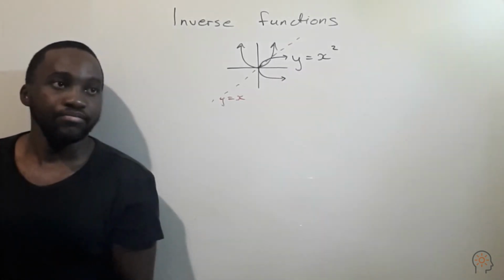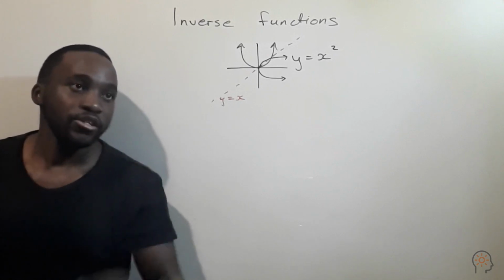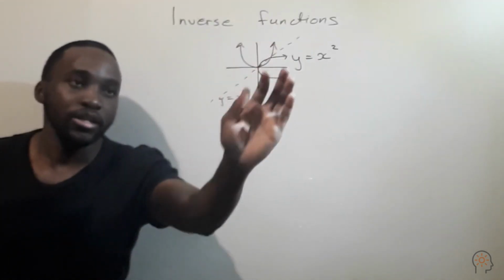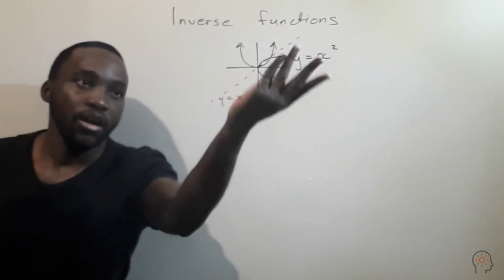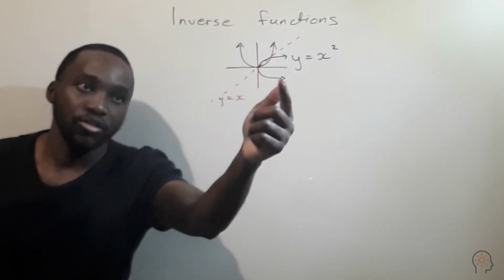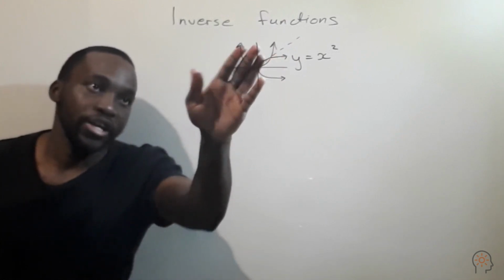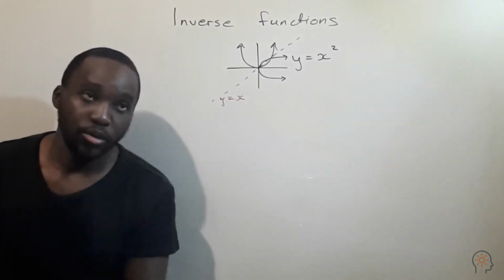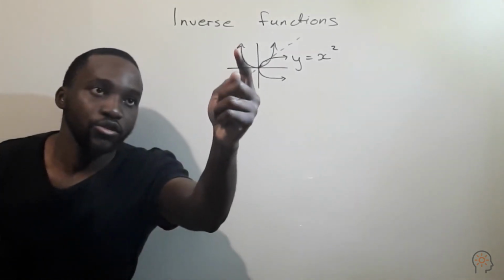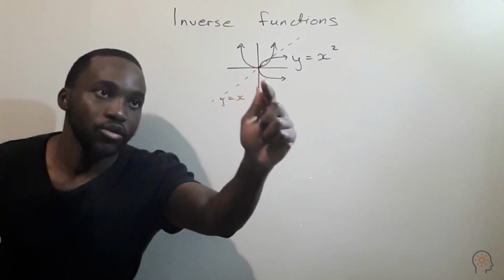Before we really get started, we have here a basic parabola, and if you reflect this graph about the line y is equal to x, this is the picture that you get. Remember, a reflection is just a matter of getting a mirror image of whatever you're dealing with. For example, this portion of your parabola has its mirror portion down here.